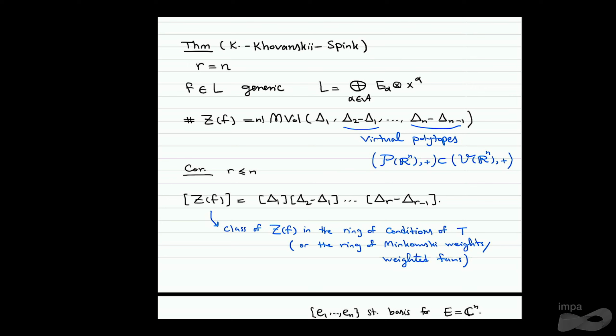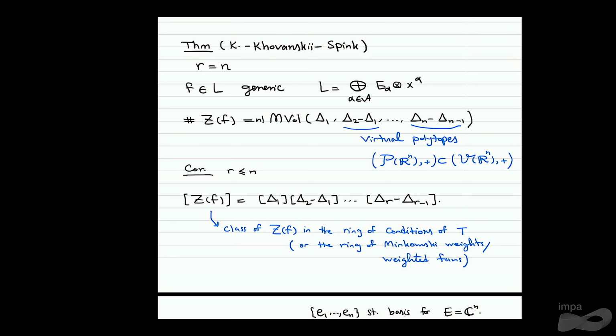R is less than or equal to n, we get a subvariety inside the torus, not just a finite number of points. And there is something called the ring of conditions of the torus, which is basically the place to do intersection theory for subvarieties of the torus.